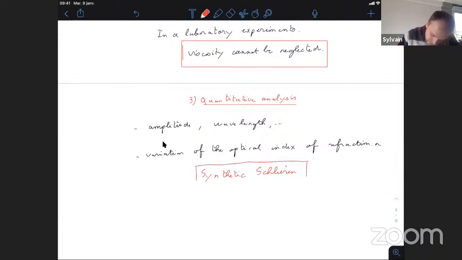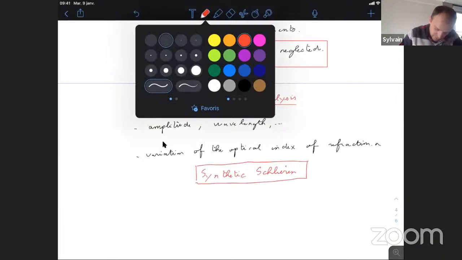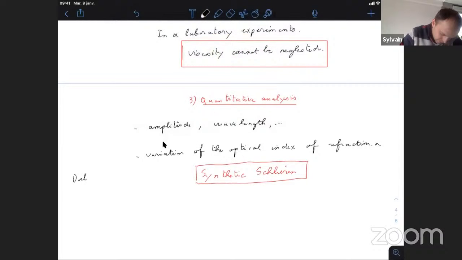This is a very important technique because it's a very easy one to implement in experiments and will give you some answers and some quantitative results. Just so you know, if you want a reference, you have this reference, Strat, that is 2000.